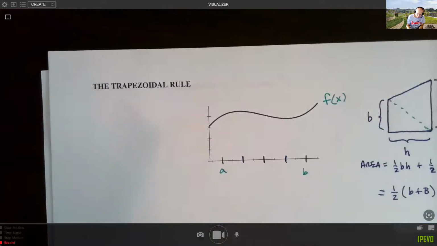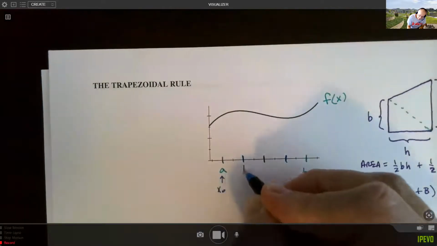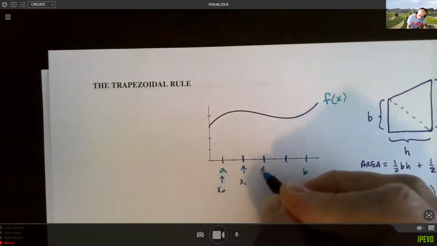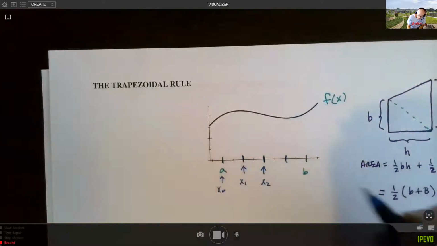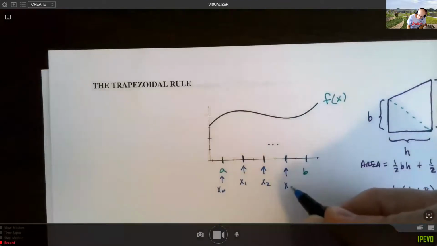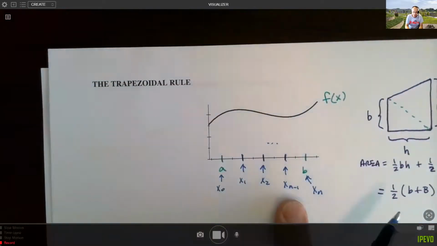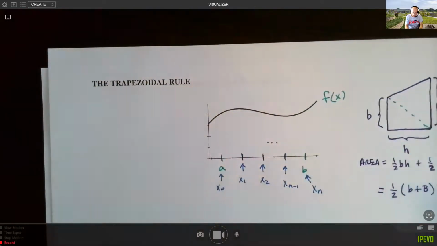I'm just going to draw 4 in this case. So again, this is x of 0, this is x of 1, this is x of 2, and so on, dot, dot, dot. And then we get to x of n minus 1 and x of n. Okay, in my case, x of 3 and x of 4. But in general, you might have 5 subintervals or 10 subintervals or whatever.